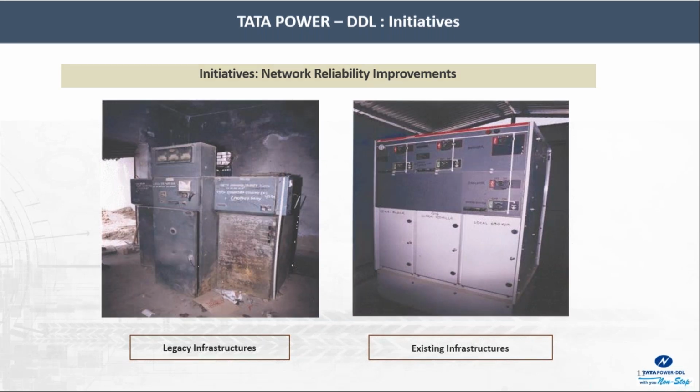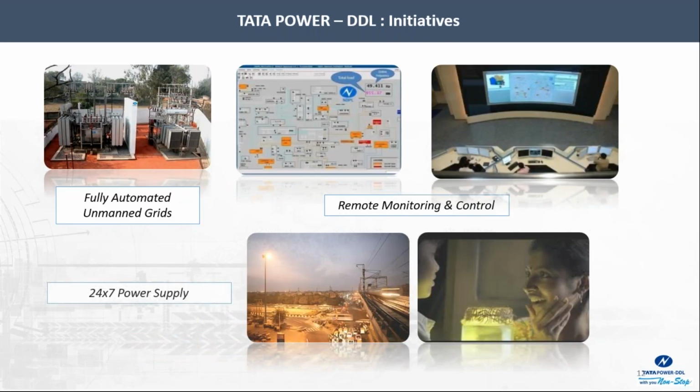Next slide is all grids, as I mentioned, were automated and fully controlled from the SCADA control center. We have all our 75 substations, 66 by 11 kV or 33 by 11 kV substations. These all are unmanned, locked, and controlled from the central control center.